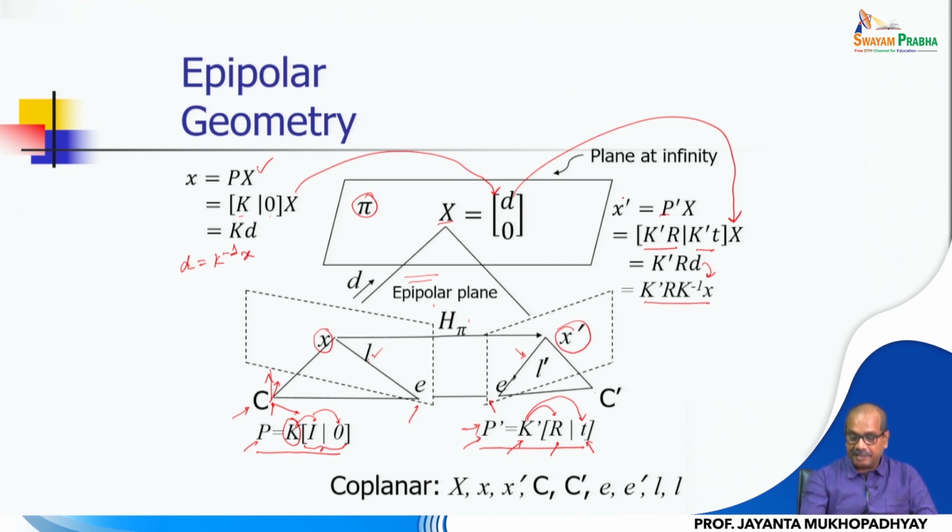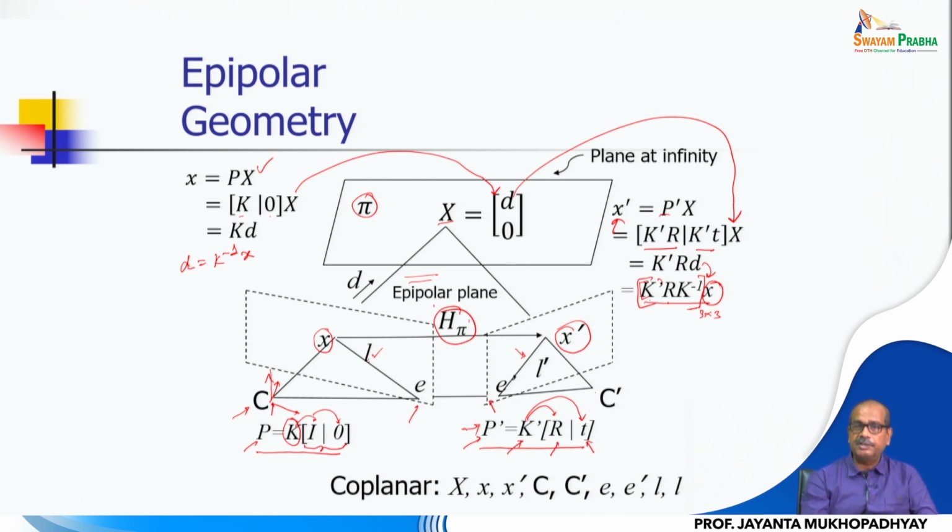So what does it show? For this point, if I perform this transformation, I will get x prime, which gives me this homography. This transformation is nothing but the homography, because this matrix is a 3 cross 3 matrix. You can see K prime is a 3 cross 3 matrix, R is a rotation matrix, 3 cross 3, and K inverse is also 3 cross 3.